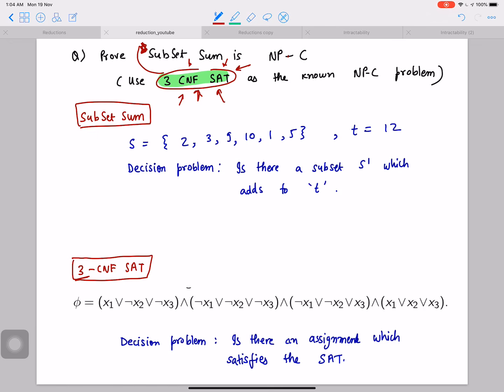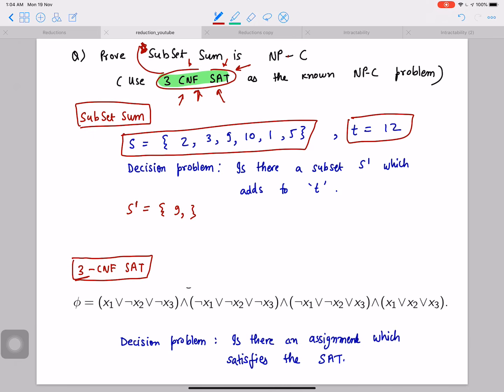So the subset sum problem says this: you're given a set and a target value, and the decision problem is, is there a subset S' that adds to T? So this is the subset sum problem. You can clearly see that this is in NP, because if I give you a subset, let's say 9 and 3, you can easily verify in linear time whether this adds to 12 or not.